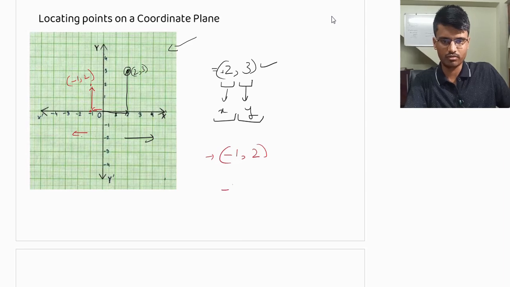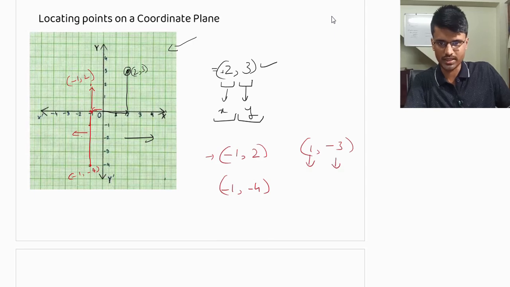If I have (-1, -4), I have to go in this direction -1 unit here. Then 4 units I have to come downwards because it is -4, right? This is my (-1, -4). And if it is (1, -3), say, 1 is positive and 3 is negative. That means one unit in the x direction, and 3 units downwards because it is minus, right?